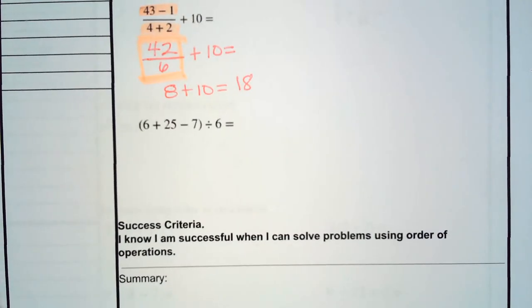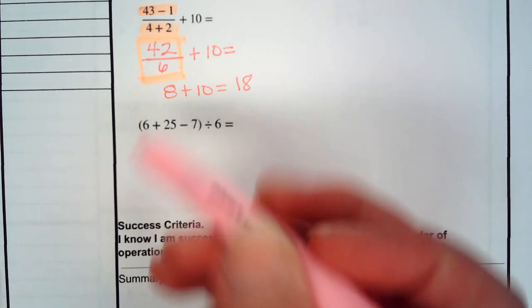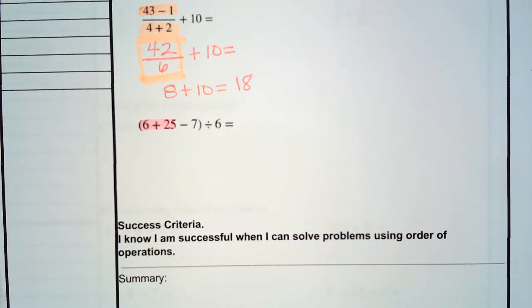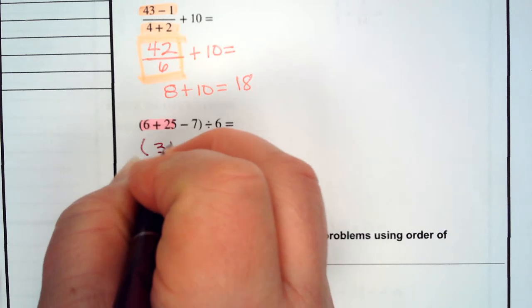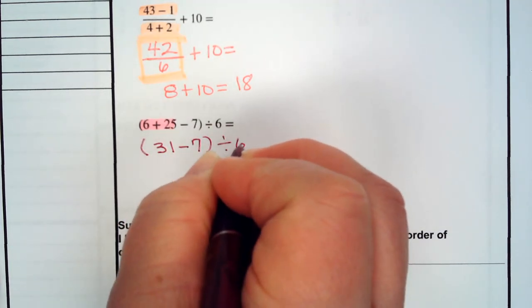Okay, for the last one, we've got parentheses, so we start with the parentheses. We've got addition and subtraction. We start with the addition. Six plus 25 is 31. Minus 7. Then I divide by 6.